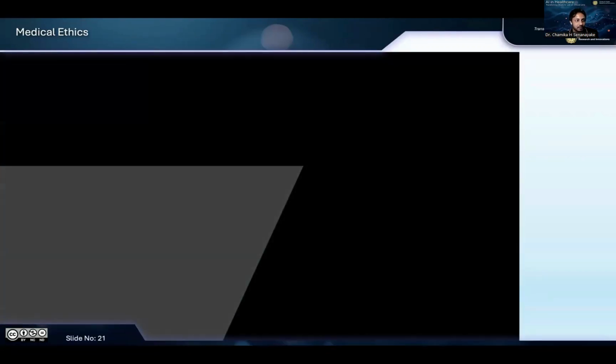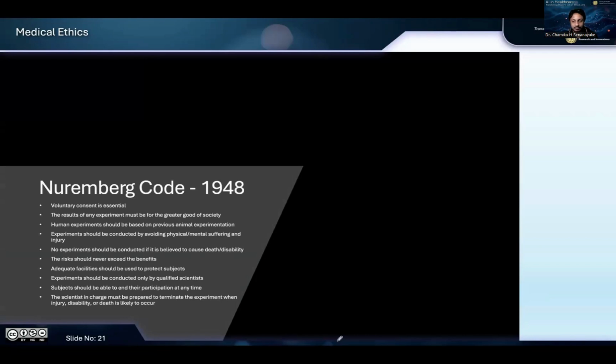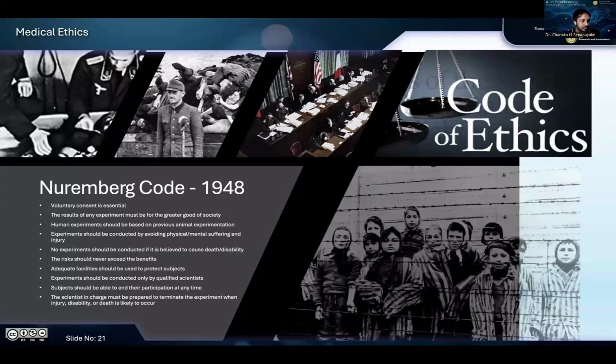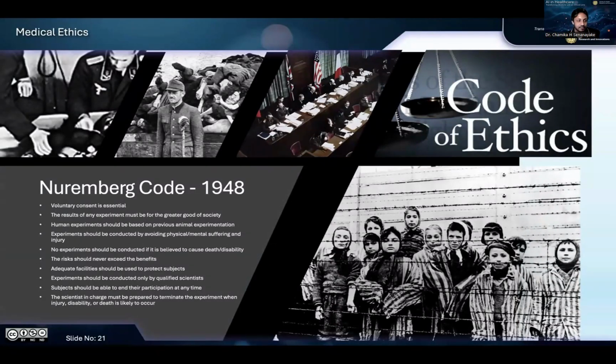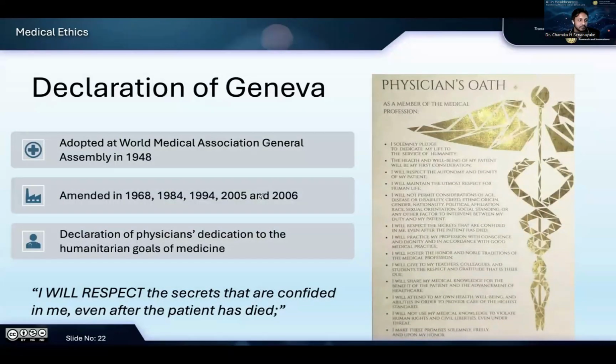As you may know, medical ethics had very bad experiences in the world, such as during the World War, when the Nuremberg Code was developed because of the unethical experimentation that happened at the concentration camps by the Nazis. Also around that time, there was the Declaration of Geneva, adopted by the World Medical Association General Assembly in 1948 with a lot of amendments. I think this is the main physician's oath we take when we get our registration. All our doctors have gone through that.